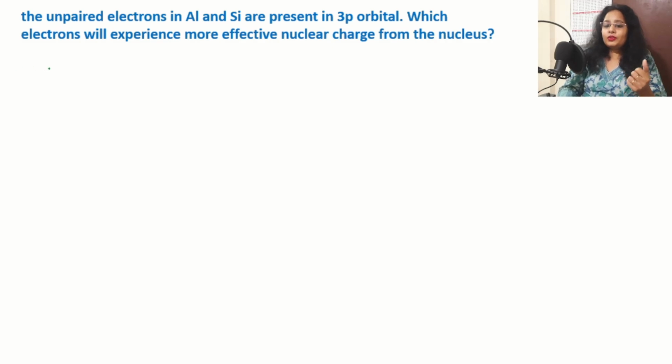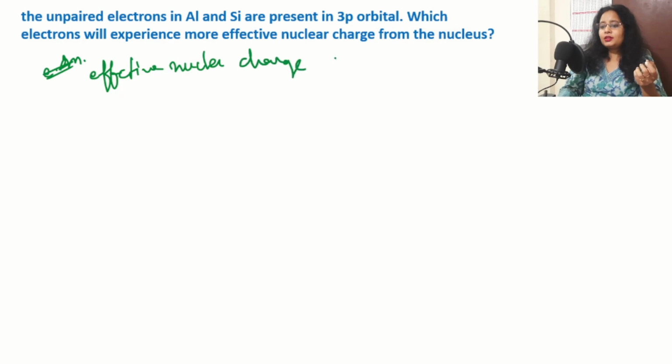Now, we know that effective nuclear charge will depend on the number of protons. So we can write effective nuclear charge is directly proportional to the atomic number.